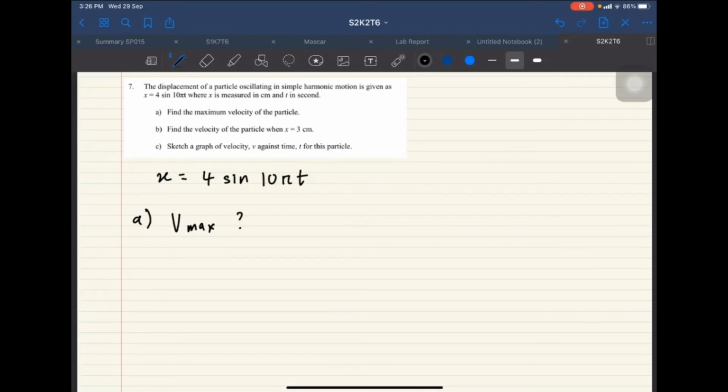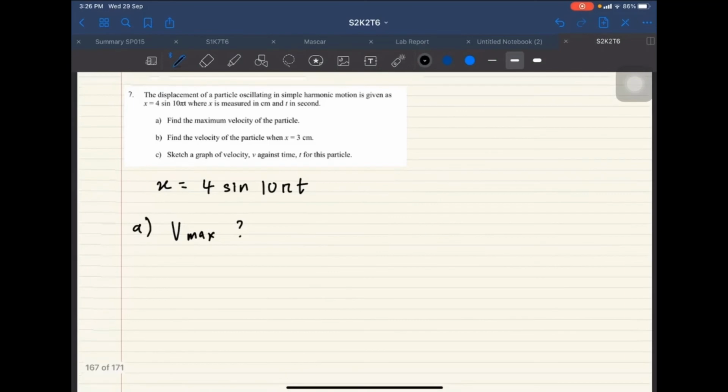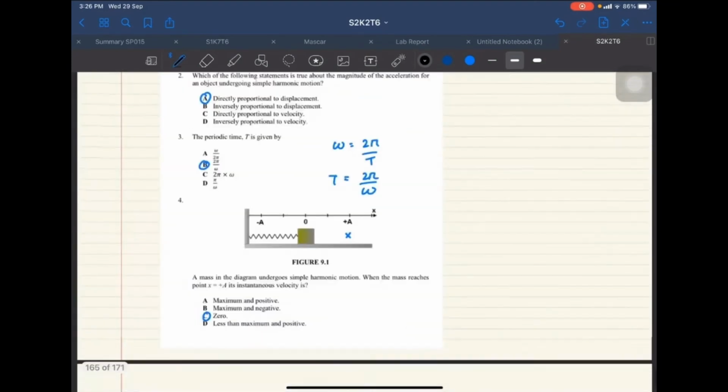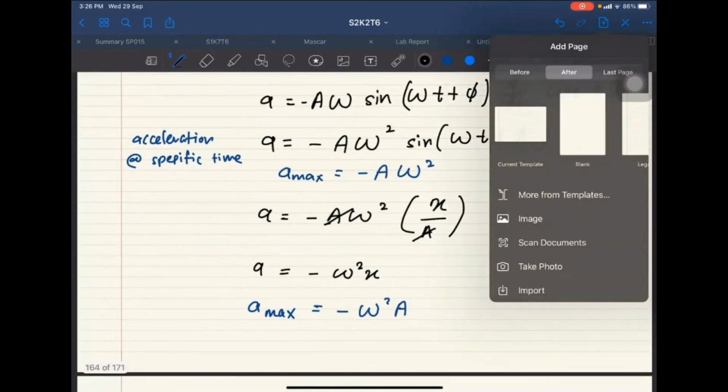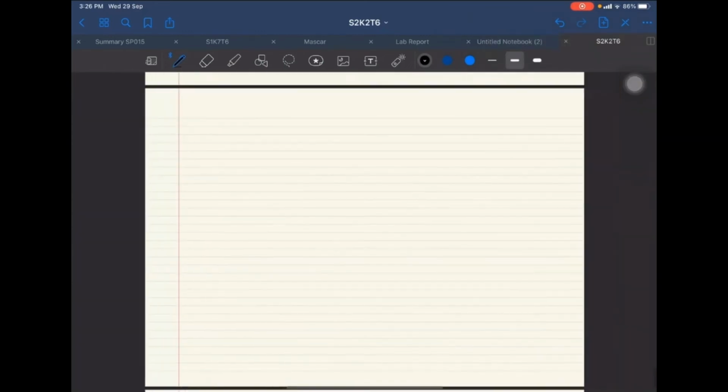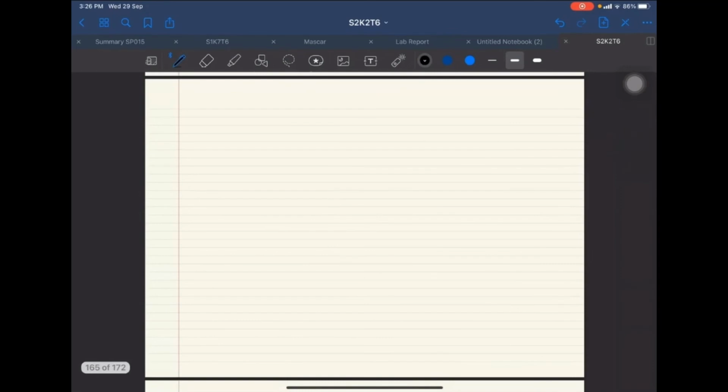Okay, sebelum tu, maybe saya boleh simplekan something over here. Okay, so apa yang kamu belajar daripada tadi sebenarnya ada dua cara nak cari V dengan A. So basically kita ada x sama dengan A sin omega t plus phi, general equation.